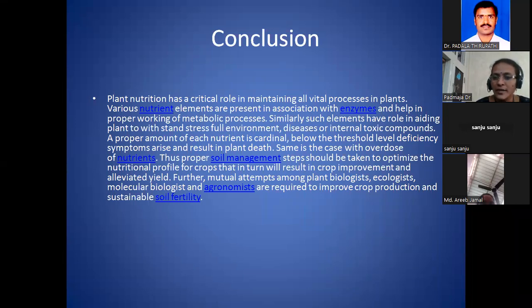If we are affected by any disease, we go and consult a doctor. But plants are sedentary; they are not moving from one place to another. So they have an internal mechanism in order to overcome diseases and internal toxic compounds.